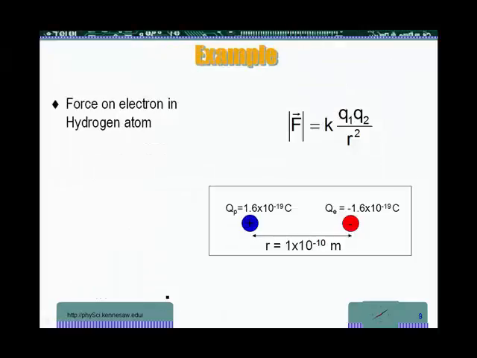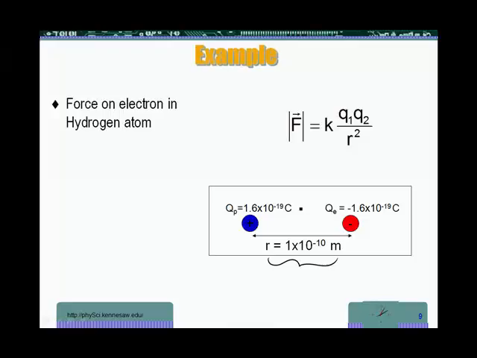Let's take this example here. What we have is a hydrogen atom, which is made up of a proton and an electron. They are separated by a distance of about 10 to the minus 10 meters. And we know the charges, both of them have a charge equal to the quantum of charge, 1.6 times 10 to the minus 19 coulombs.